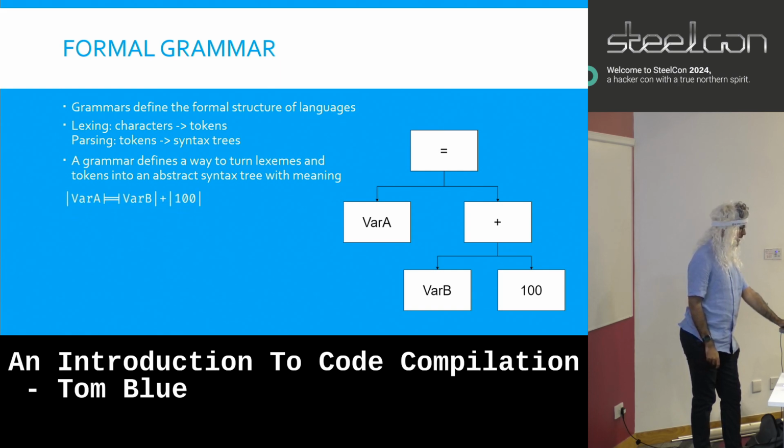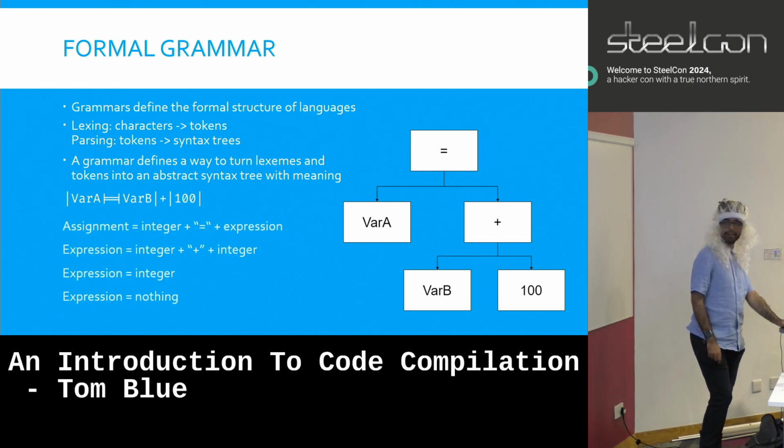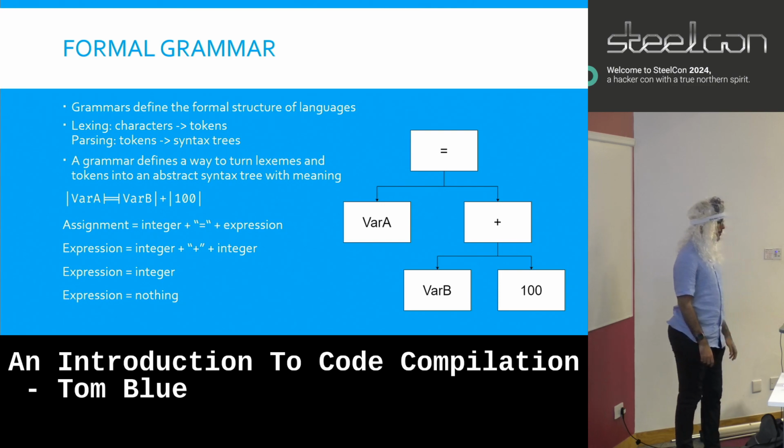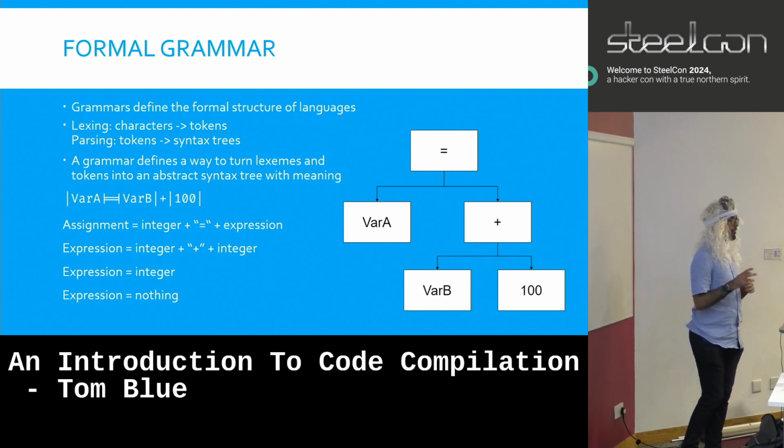So taking this example again, a formal grammar for this might look something like this, where you have assignment being an integer plus an equals plus an expression being an integer plus a plus and an integer. And you can also have the expression have multiple definitions. An expression could also be an integer, and an expression could be nothing.